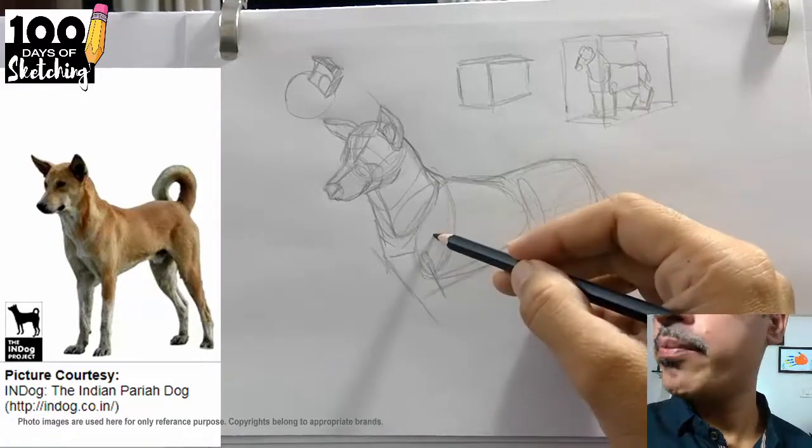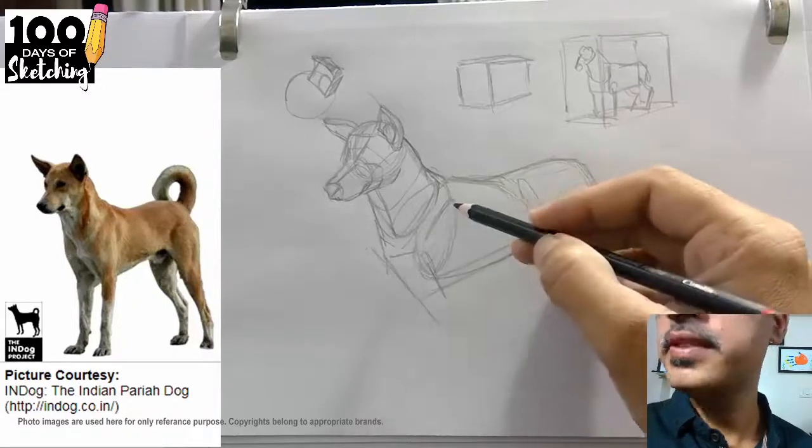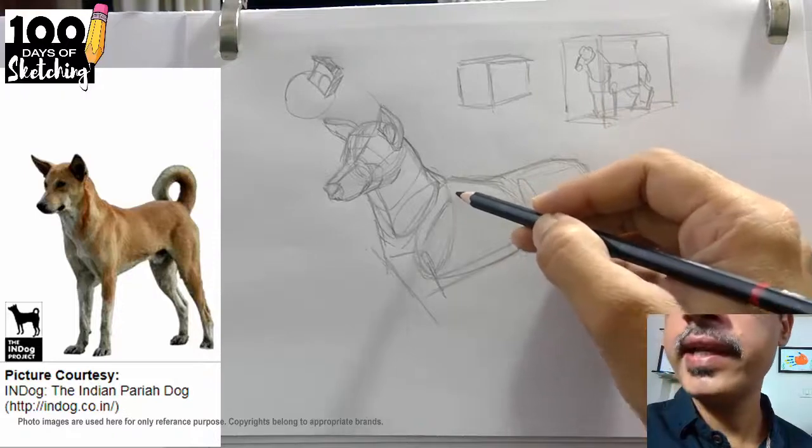And this is a very important portion, the main muscle of the front leg.